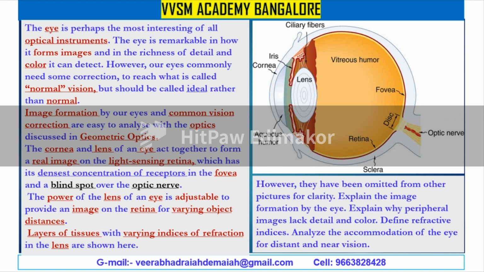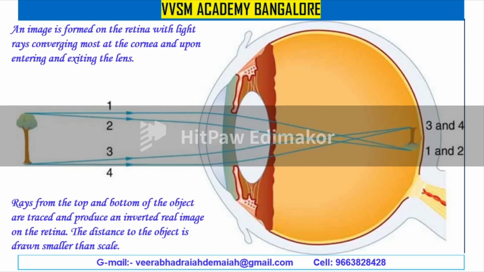Layers of tissues with varying indices of refraction in the lens are shown here. However, they have been omitted from other pictures for clarity. We explain the image formation by the eye. We explain why peripheral images lack detail and color, define refractive indices, and analyze the accommodation of the eye for distant and near vision. A brief introduction.